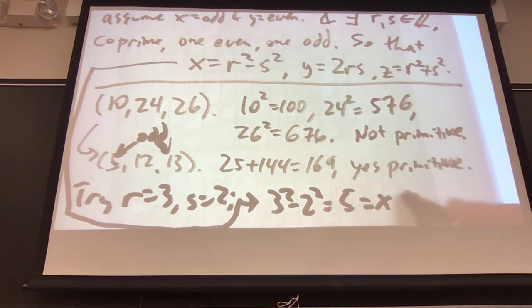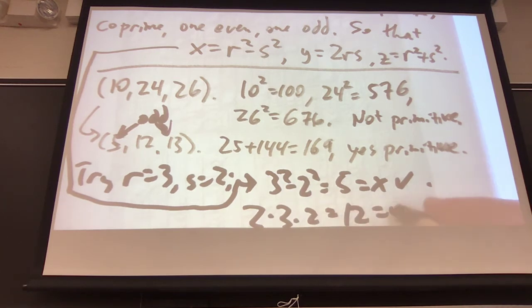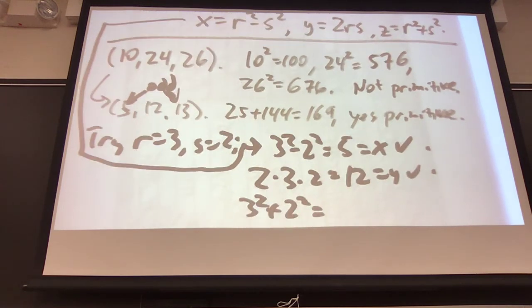That's x. Check. How about 2rs? 2 times r times s. 12. That's y. That checks out. And 13, r squared plus s squared. 9 plus 4. 13.